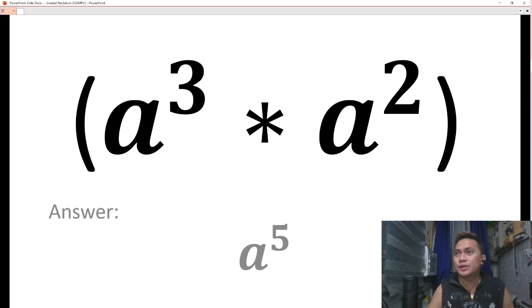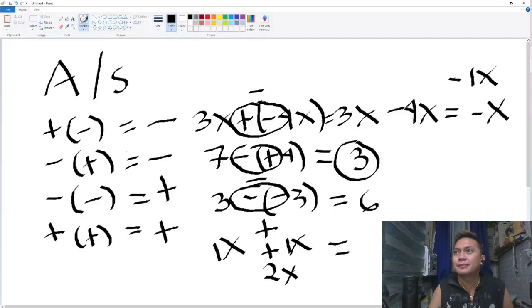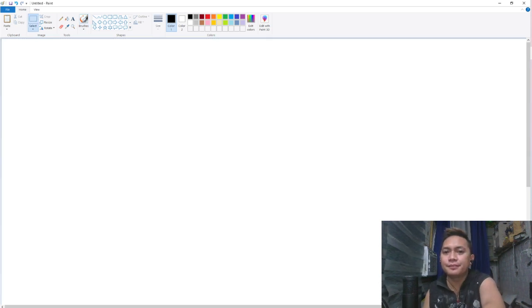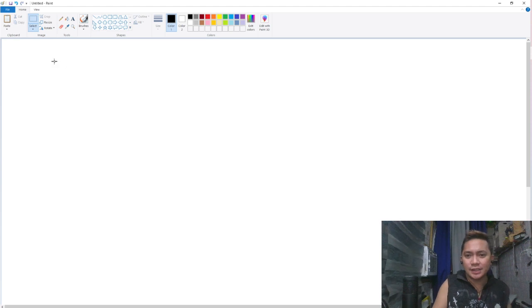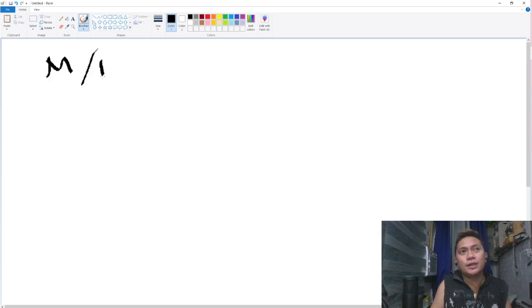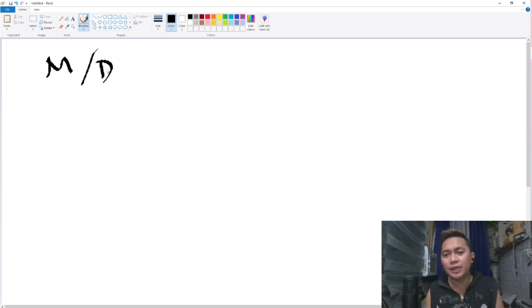So let's proceed to our paint. Okay, so let me erase this one. Okay, so tapos na tayo sa addition and subtraction. Now we will proceed to our multiplication or division. So I use or because sometimes we can use the properties in the multiplication and also sa division, especially sa paggamit ng sign.